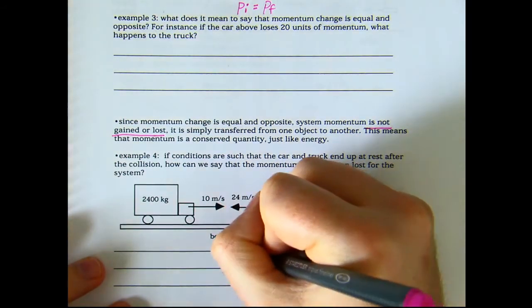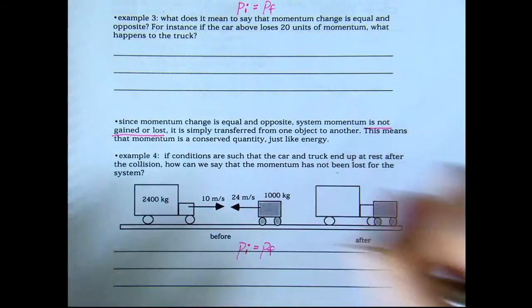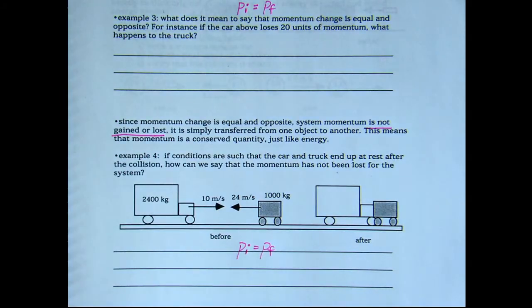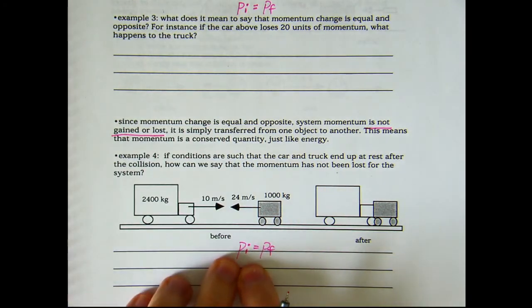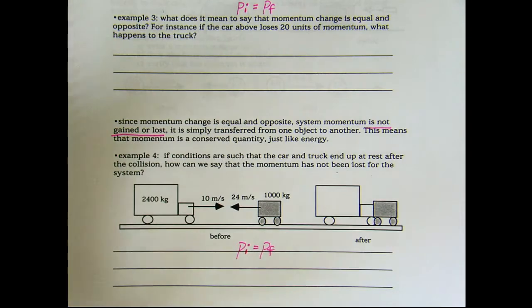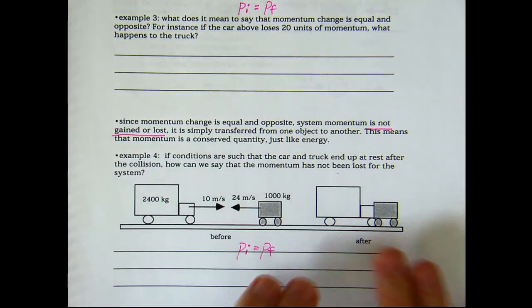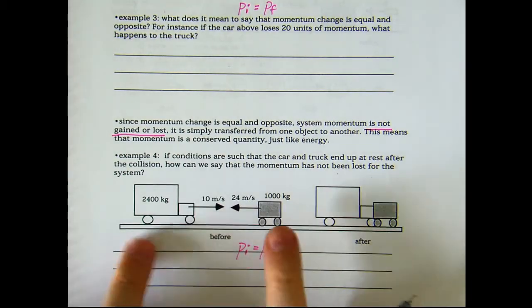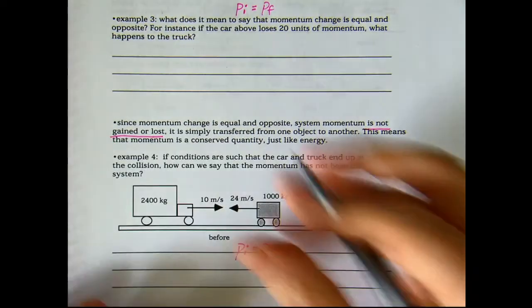Starting with momentum initial equals momentum final. Let's operate under the assumption that momentum is conserved here. If I'm looking at the entire system, I have to look at every object in that system initially and every object in that system finally. How many objects do I have at the beginning? Well, I've got 2.